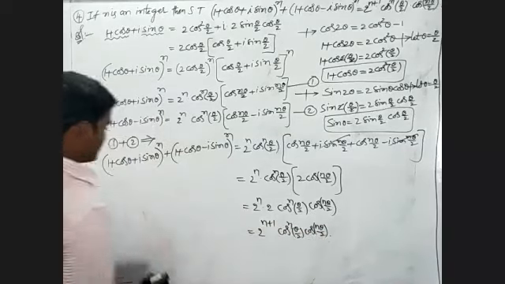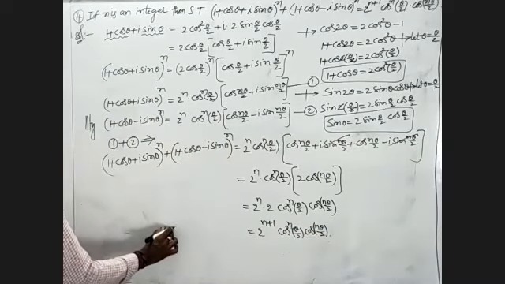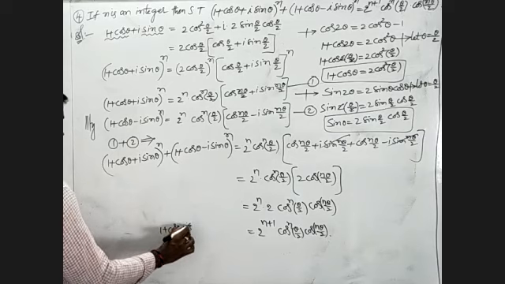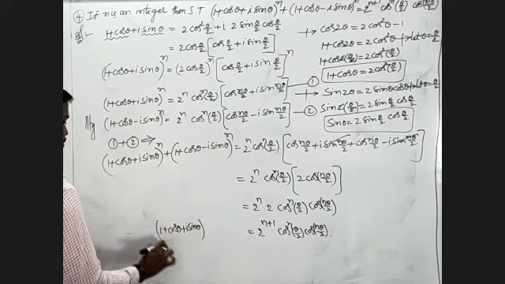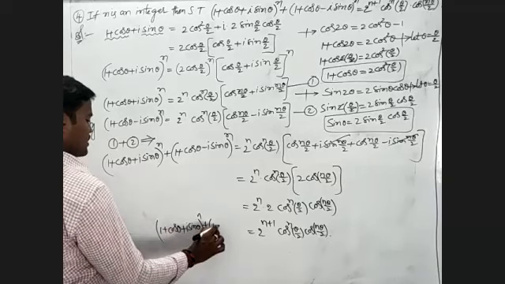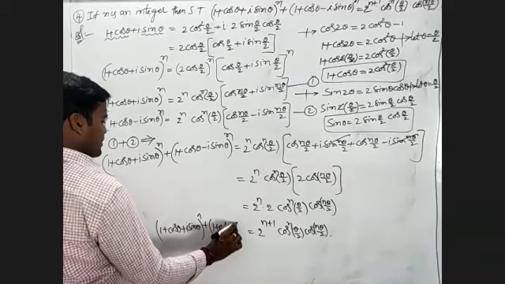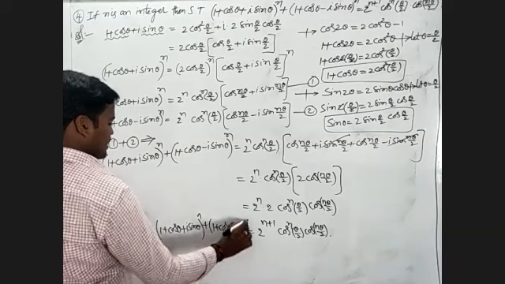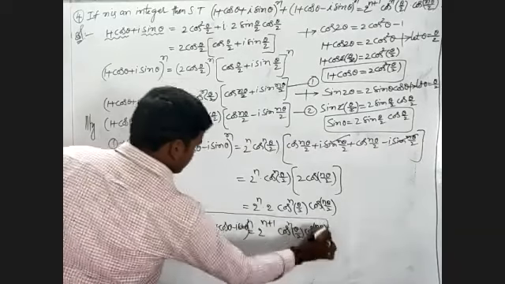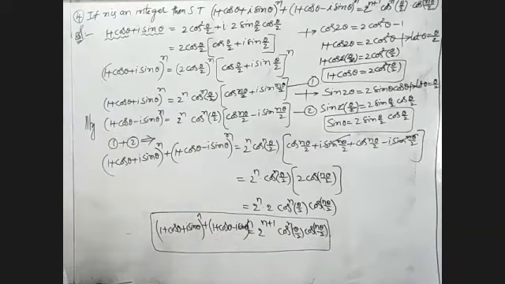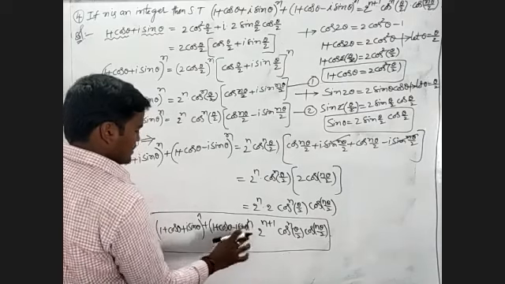This is the value of (1 plus cos theta plus i sin theta) whole power n plus (1 plus cos theta minus i sin theta) whole power n, which is 2 power n plus 1 into cos power n theta by 2 into cos n theta by 2.